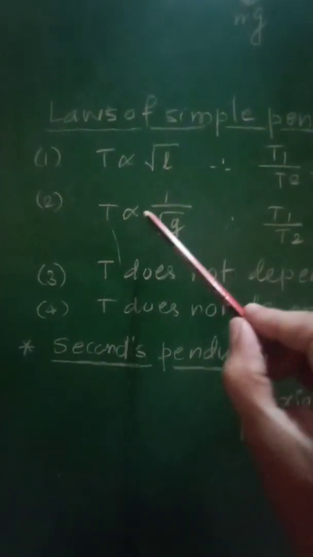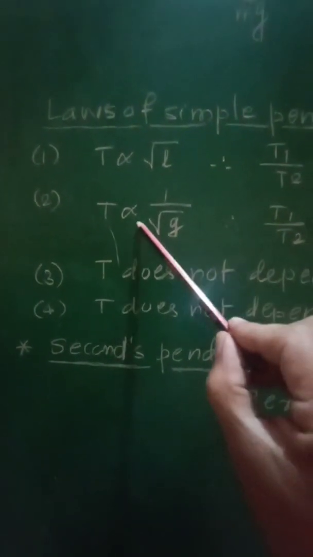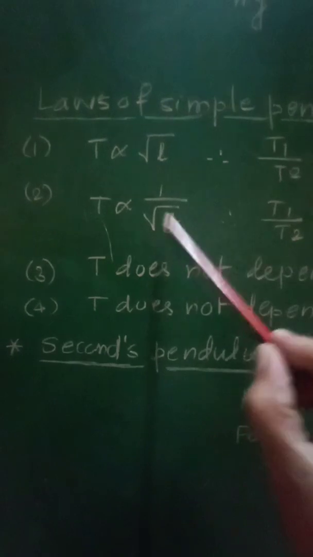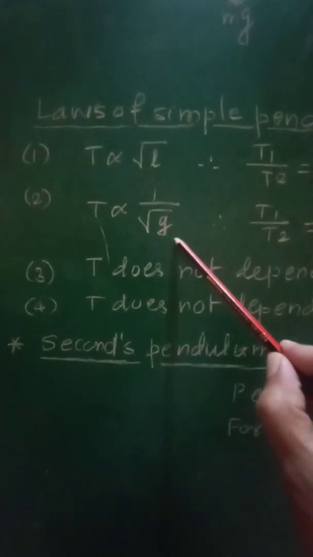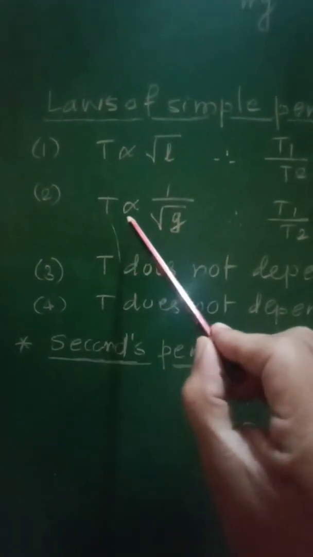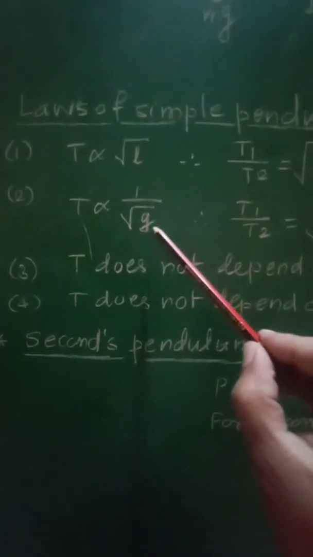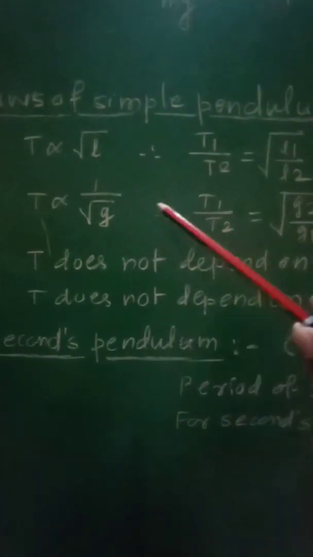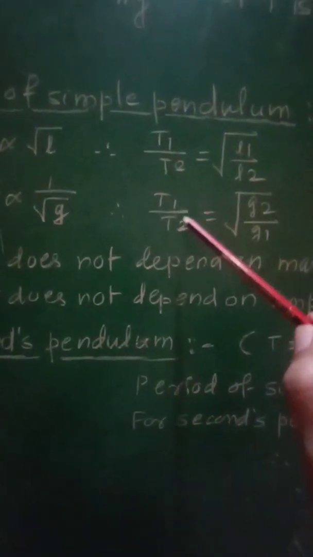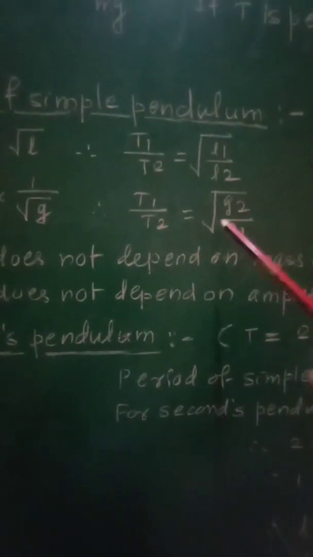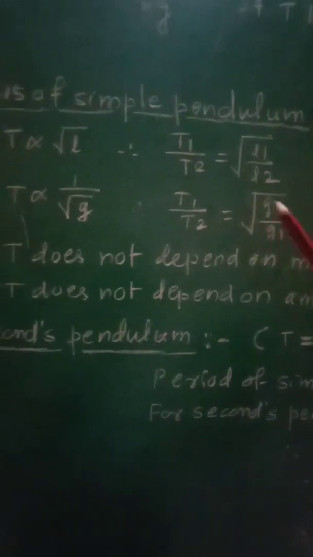Second law: the period of simple pendulum is inversely proportional to the square root of acceleration due to gravity, and again we can write T1 by T2 equals square root of g2 by g1.